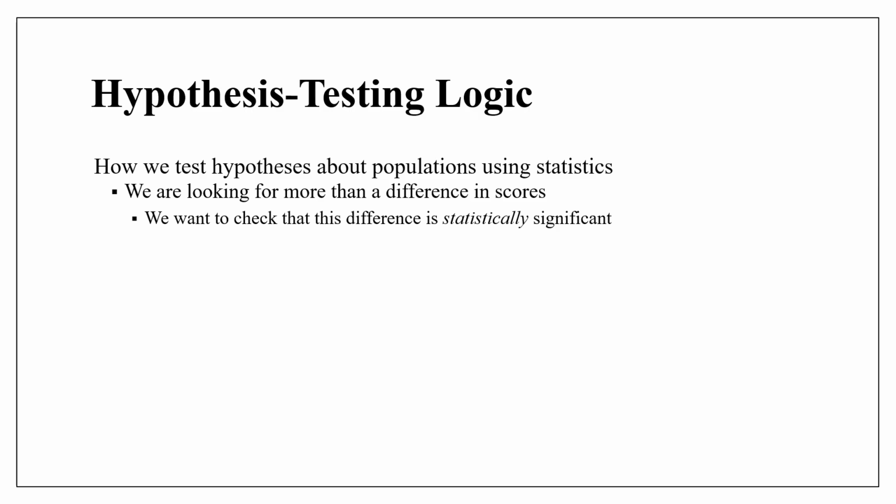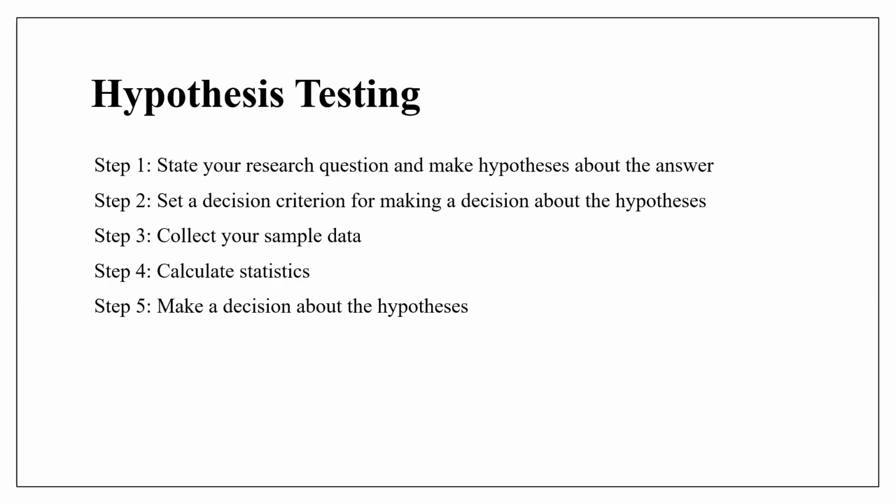And part of this hypothesis testing is going to be deciding at what point do we say that the difference is statistically significant. Now, we're going to be, again, working with different statistical tests, but for each statistical test, we're going to follow a similar procedure, which again is the hypothesis testing logic.